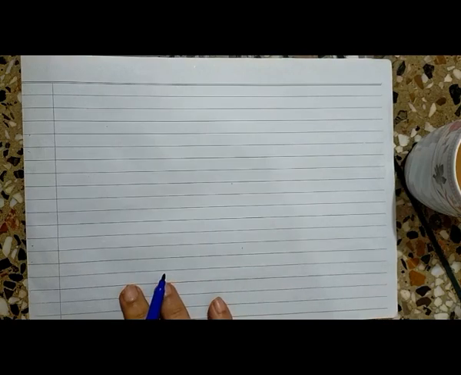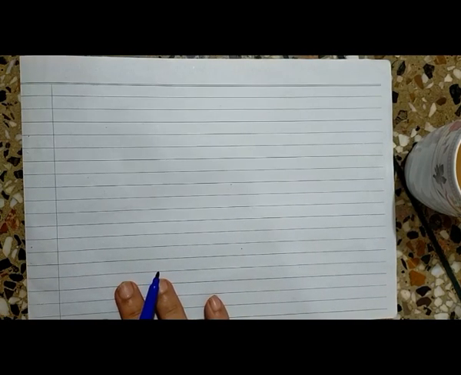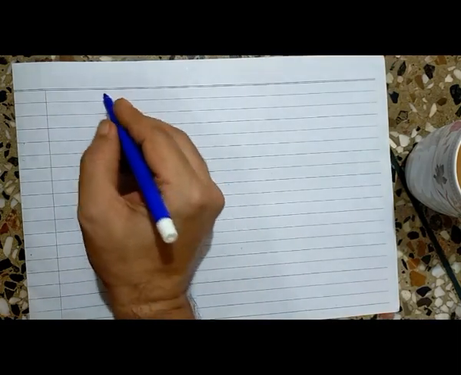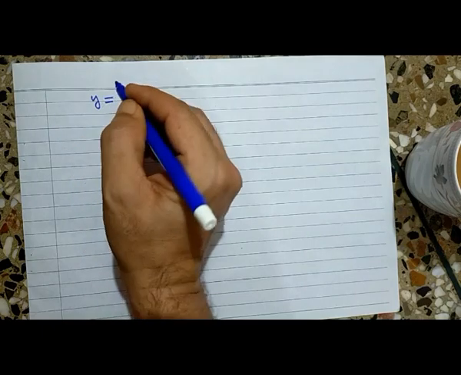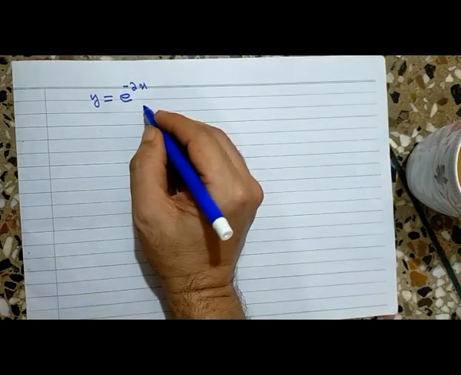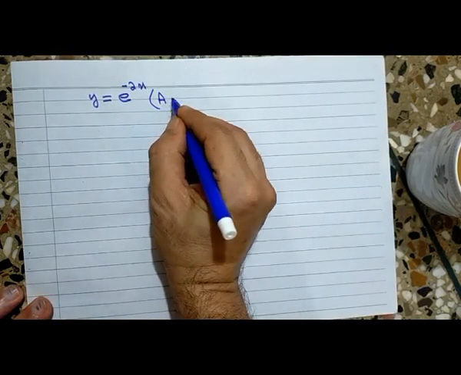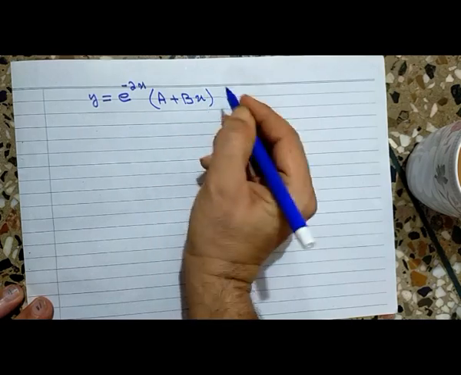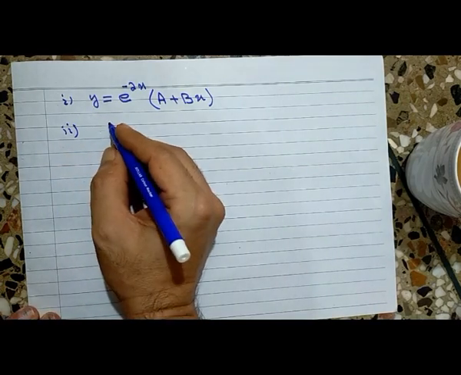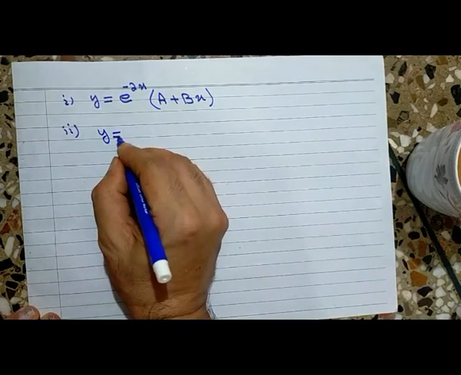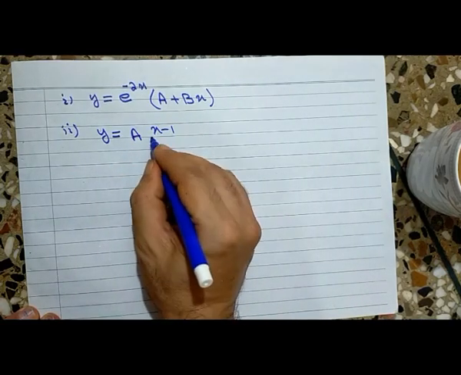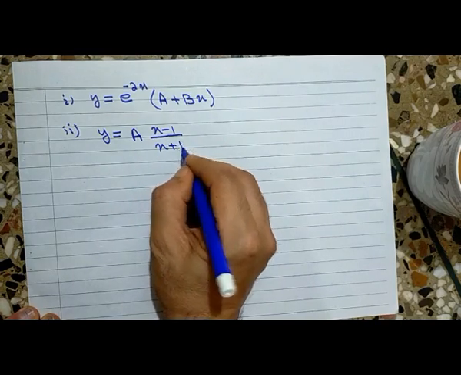Now here are a few examples. Let's first get to know what these examples are. So the first one is y is equal to e to the minus 2x into a plus bx. This is the first example. The second one is y equals a into x minus 1 over x plus 1.